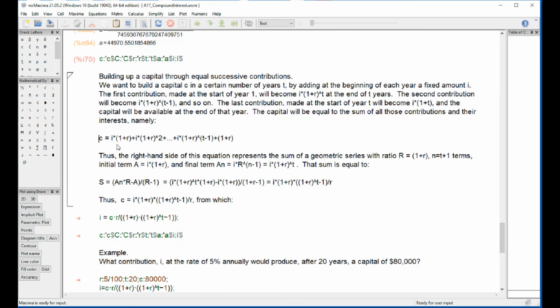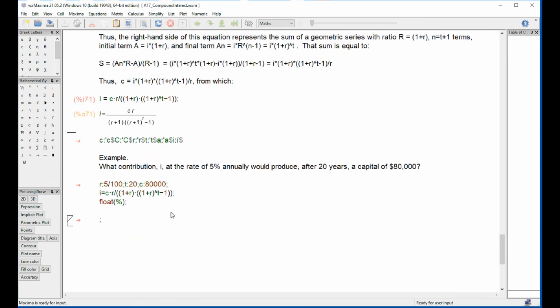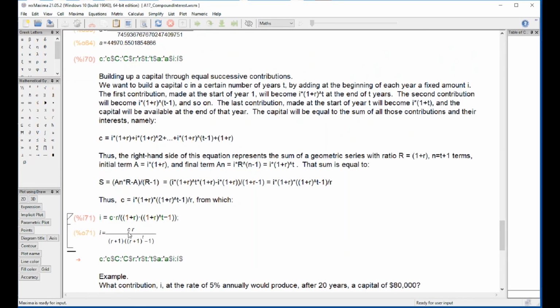On the right hand side we have a summation of a geometric series with this initial value and this nth value after T years, and so the sum of all those terms is going to be equal to these. They should be equal to the capital you want to build, and so the formula to use is this one. If you want to build a capital of C, your yearly contribution should be equal to C times R divided by (R plus 1) times ((R plus 1) to the T minus 1).